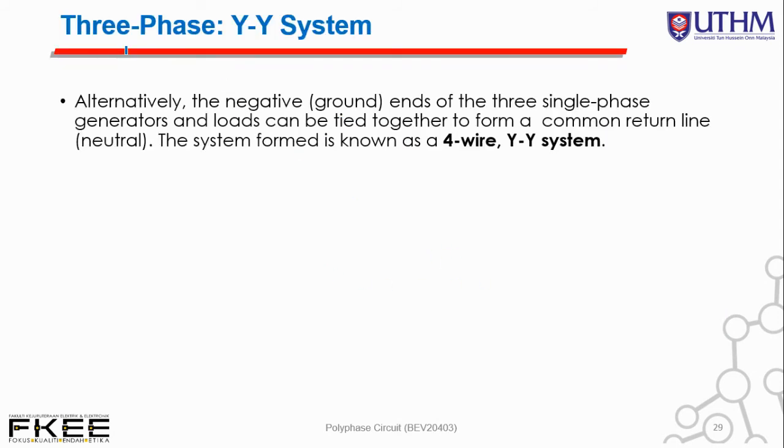Okay, and then the three-phase Y system. Alternatively, the negative ends of the three-phase generators and loads can be tied together to form a common return line, which is called neutral. Okay, so the system formed is known as a four-wire Y system.